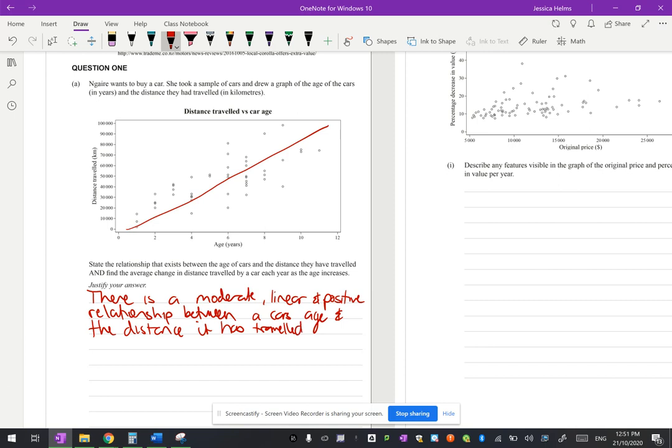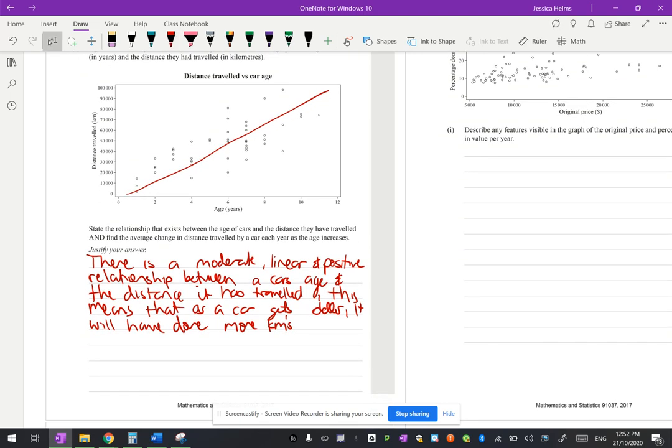Okay, so a moderate, linear, and positive relationship between a car's age and the distance it has traveled. And this means that as a car gets older, it will have done more kilometers. So as one increases, the other increases.